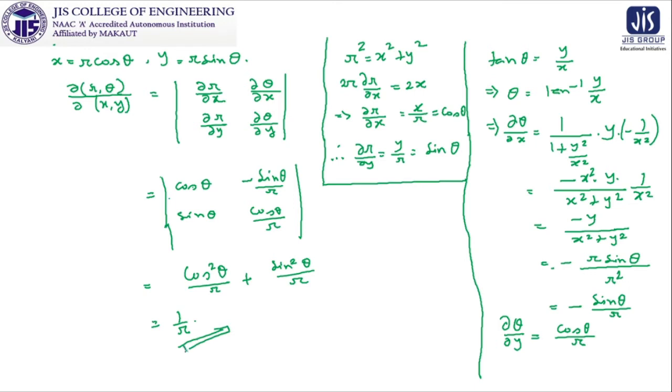Look at this. This is the desired thing. If you have the question, instead of find out the Jacobian, that prove that the Jacobian of this particular problem will be 1 by r, then you have to prove it in this manner. Okay.